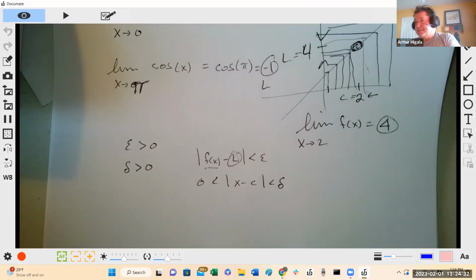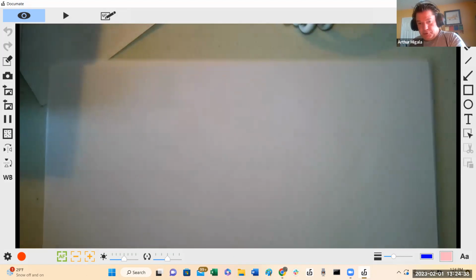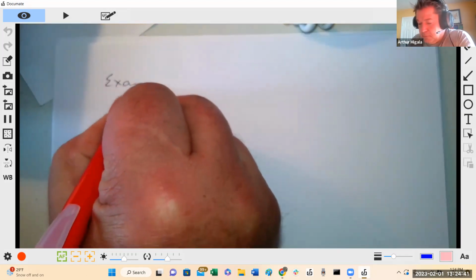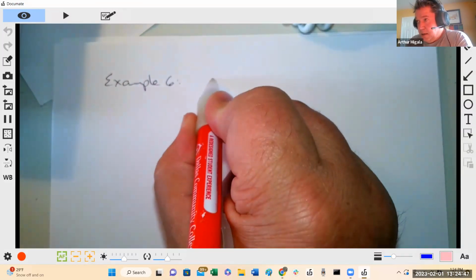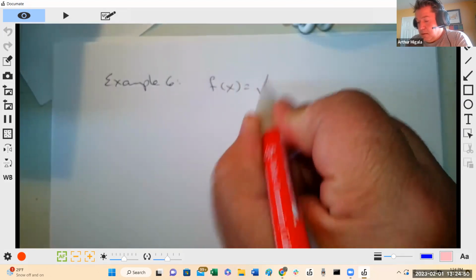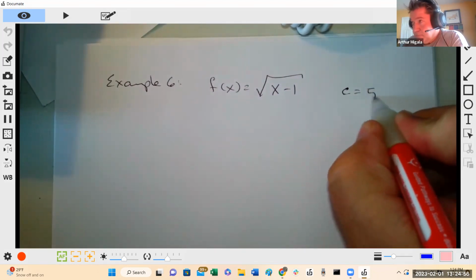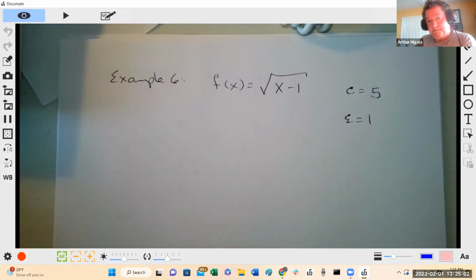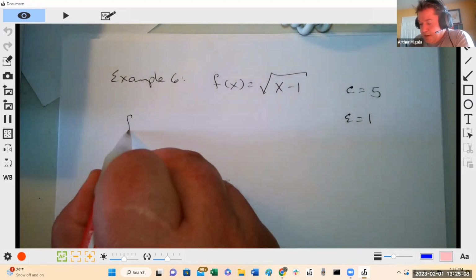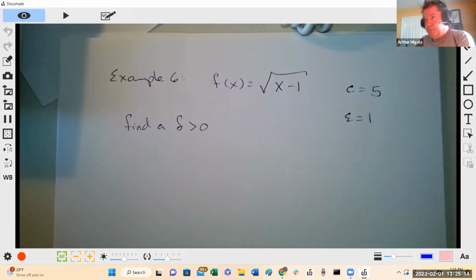Let's see. Let's do one more. I saw one that had to do with radicals. We'll say 6. And epsilon equals 1. What you're asked to do is find a delta that is greater than 0.